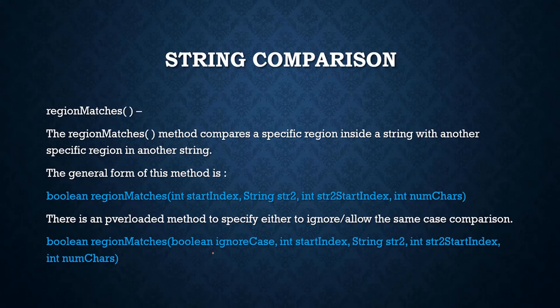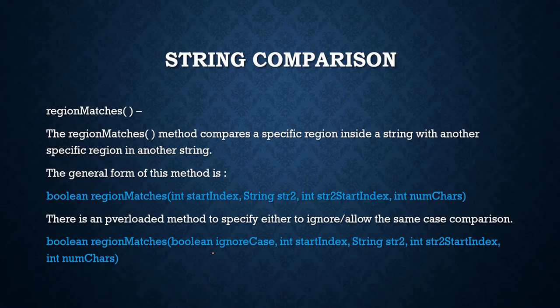The return type of this method is also a boolean value. If the region matches, it returns true, otherwise false.